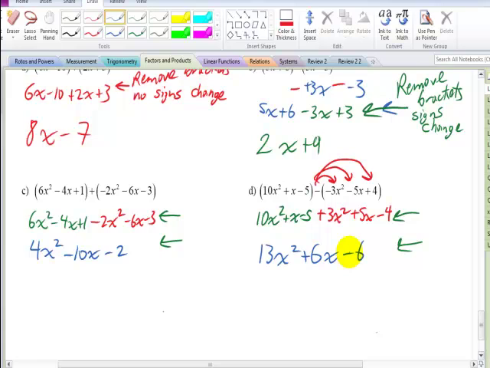Any questions? Hands up if you got that. What do you have to be careful of? Should be negative. Oh, minus 9. Okay. So, minus 9. There we go. Hands up if you got that. There you go.